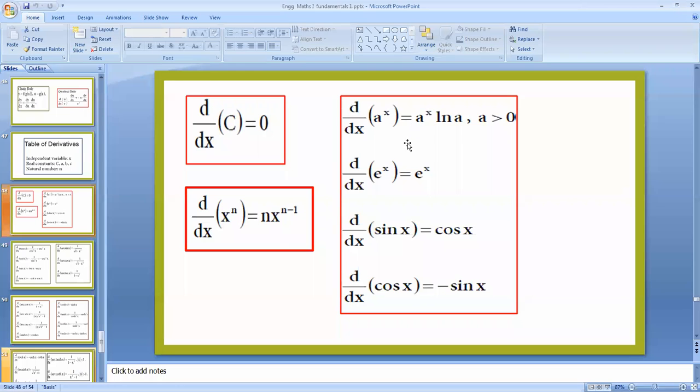Do you know that change of base law in their log? Yes, anyone? What is that change of base law? Log of a to the base b is equals to what?